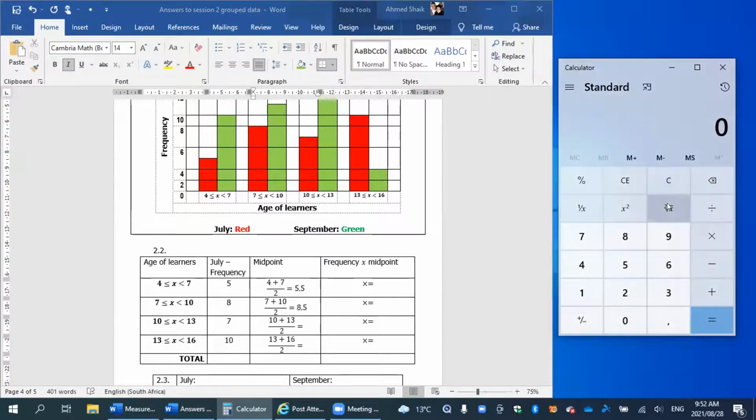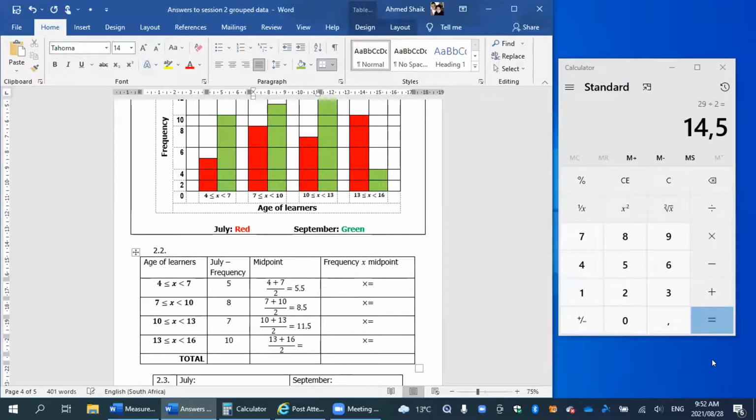Our third interval's midpoint is going to be 10 plus 13 divided by 2, and it gives us an answer of 11,5. And our last interval's midpoint is going to be 13 plus 16 divided by 2, and it gives us an answer of 14,5.